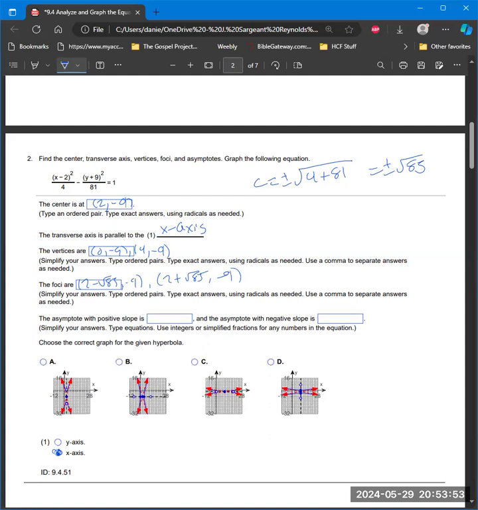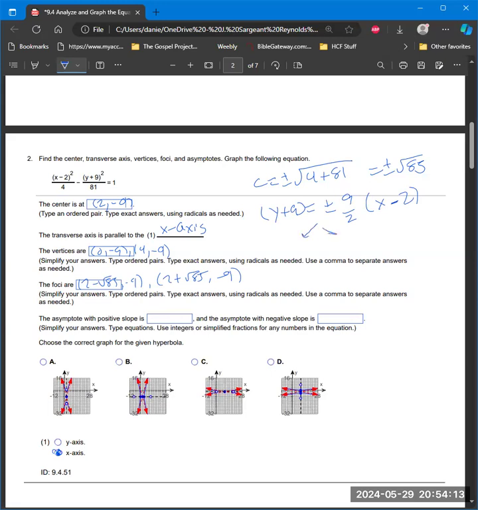Asymptotes here. So we've shifted. We have a line that's in point-slope form now. So we need y plus 9 equals plus or minus 9 over 2 times (x minus 2), and we need to simplify those.